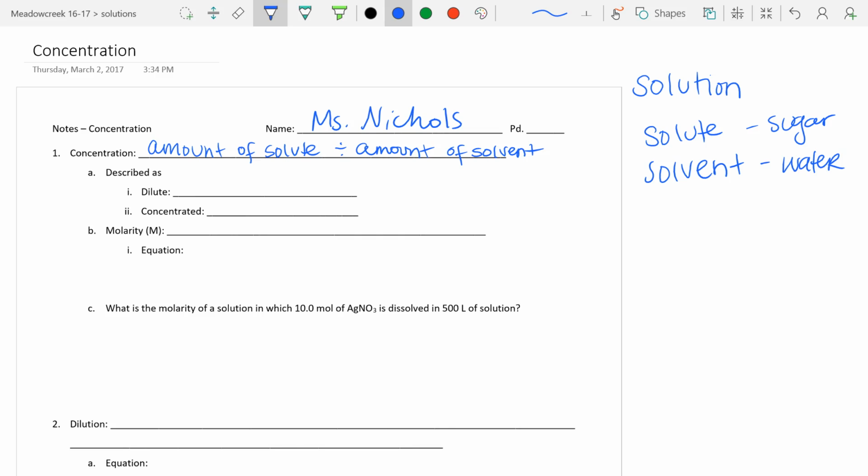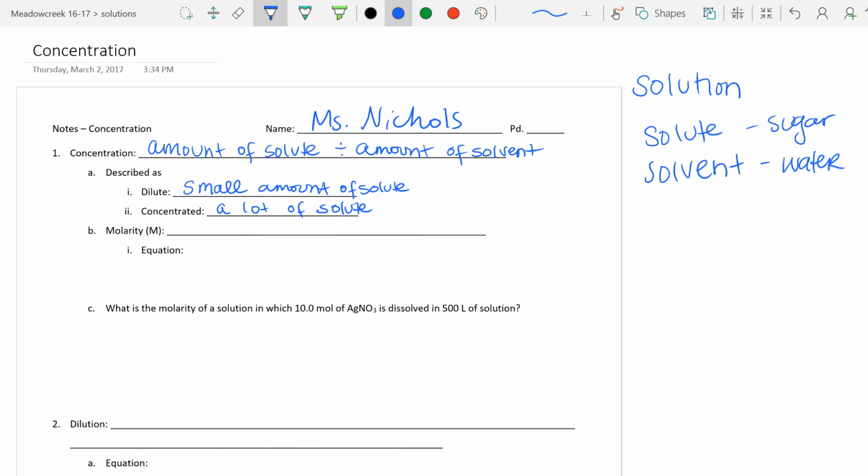Okay. Now, concentration can be described two ways, as either being a dilute solution or a concentrated solution. A dilute solution has a small amount of solute in it, whereas a concentrated solution has a lot of solute.